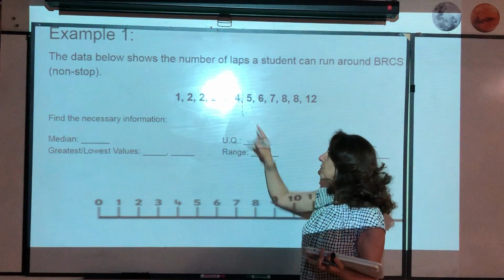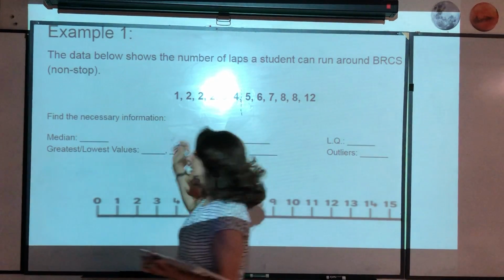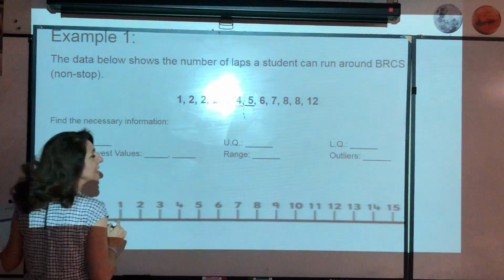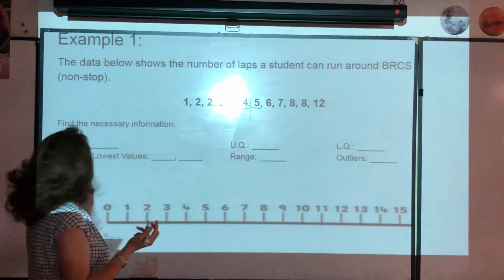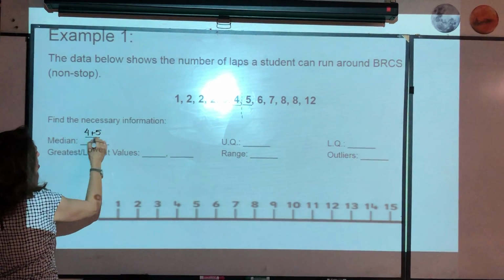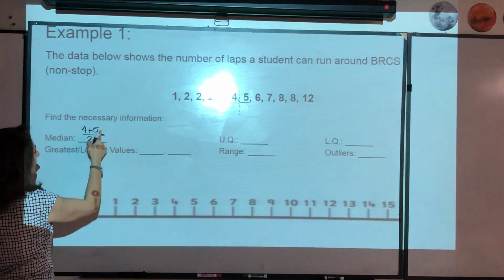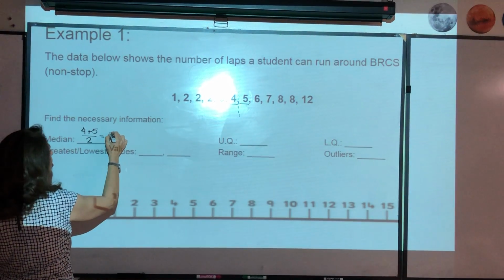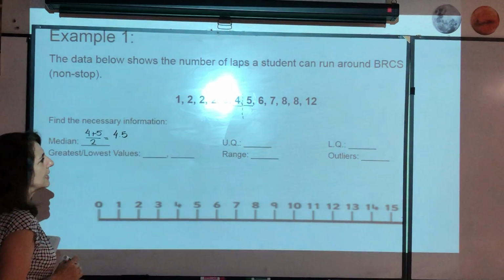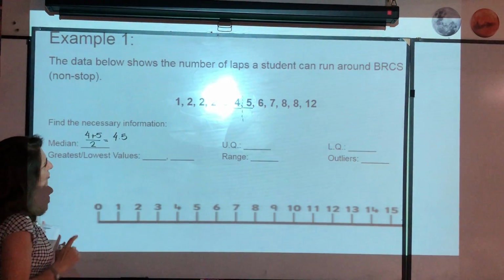But what is the number right here in the middle? So the median is calculated with the two numbers in the middle, since I don't have just one number there. So this is 4 plus 5 divided by 2. 4 plus 5 is 9 divided by 2, 4.5.